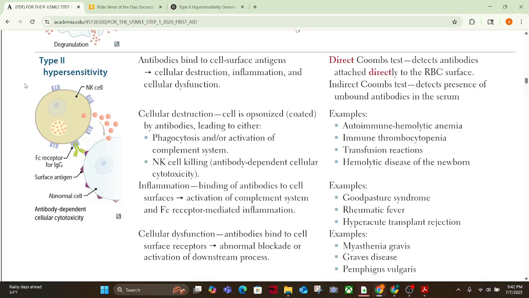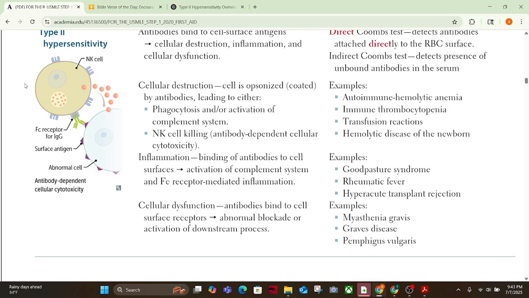Inflammation is when there is binding of antibodies to cell surfaces. This leads to activation of the complement system and Fc receptor-mediated inflammation. In cellular dysfunction, we have antibodies binding to cell surface receptors, and this causes abnormal blockade or activation of downstream process.